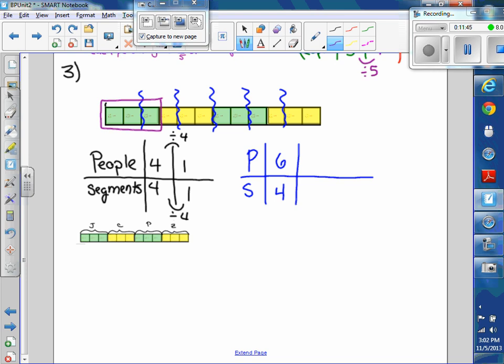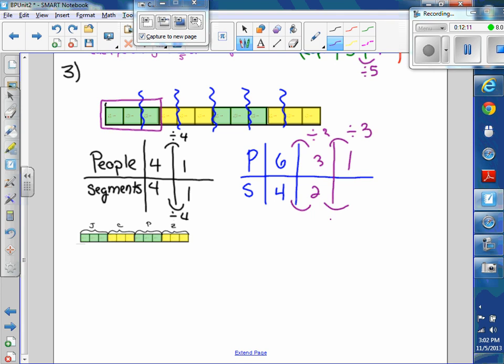Do you see that? Yeah. So look at how this works. If I divide by 2, I would get a 3 and a 2. But we want that unit rate, we want to know what one person gets. So we have to divide by 3.